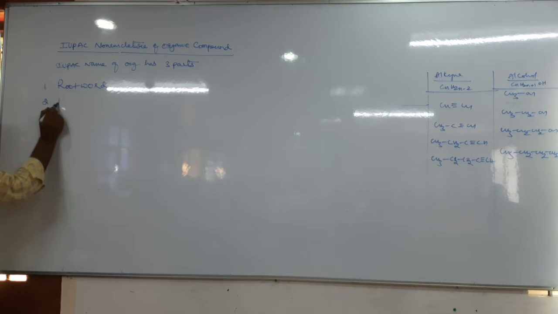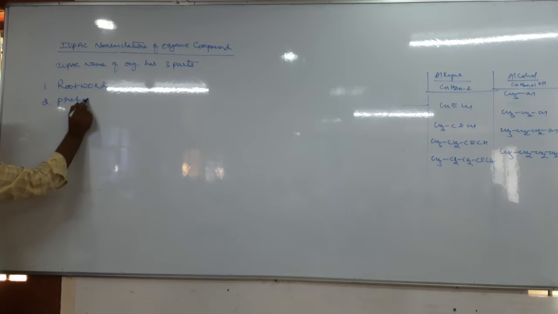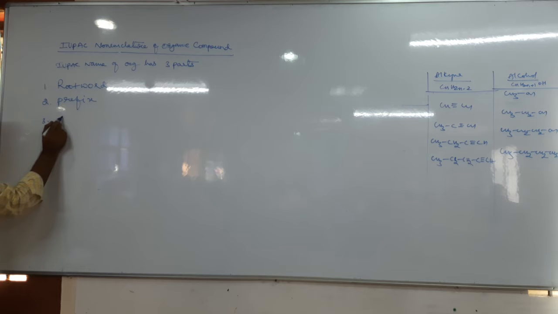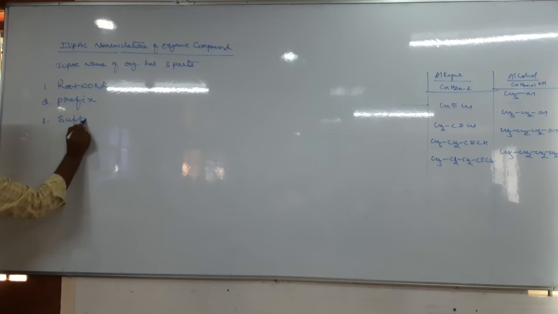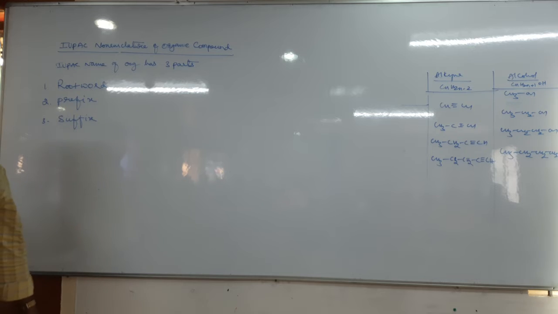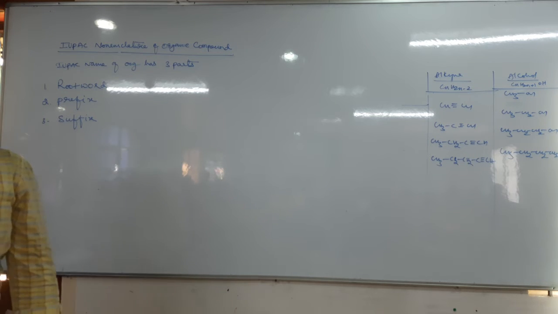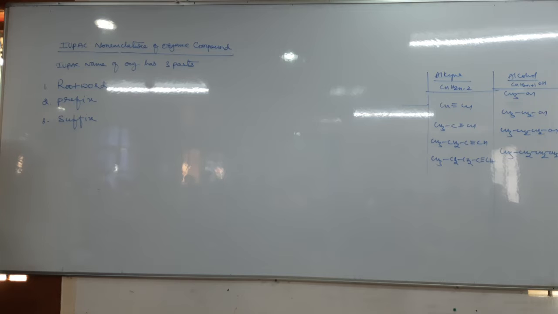Two, prefix. And three, suffix. So every organic compound usually has three parts: a root word, a prefix and a suffix.